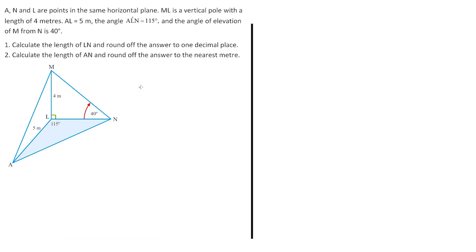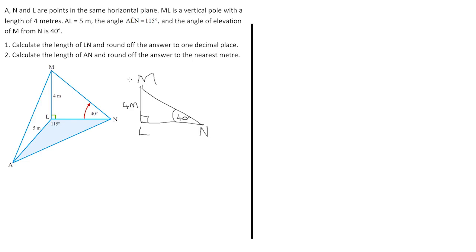So let's take out that right-angled triangle and let's draw it here. M, L, which is 90 degrees, and N, which is 40 degrees. And size of ML is 4 meters.